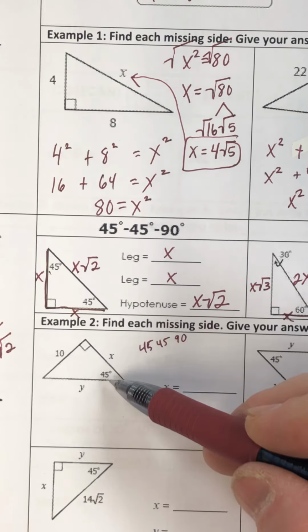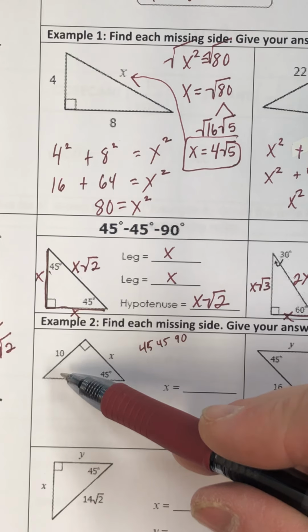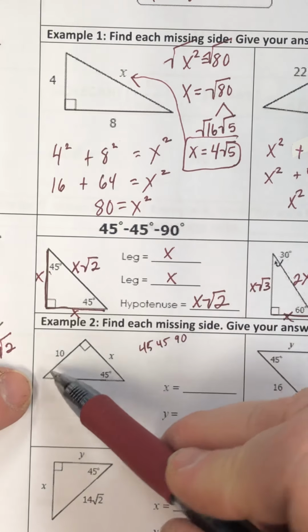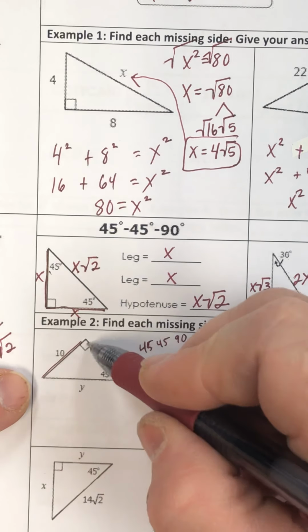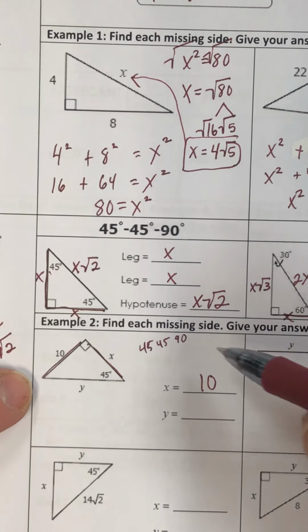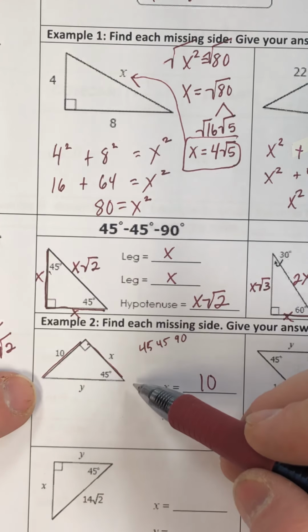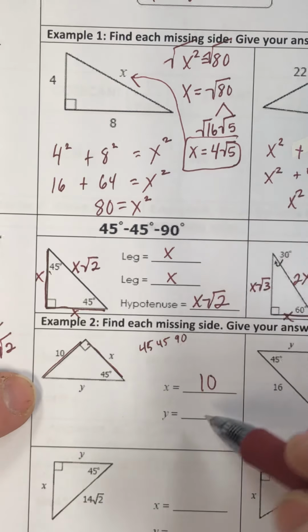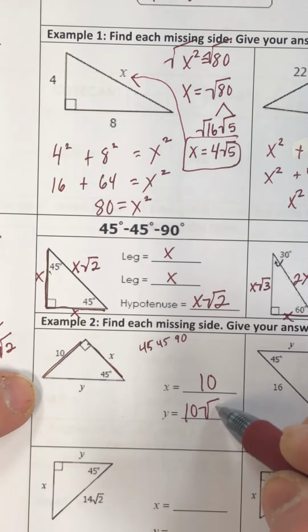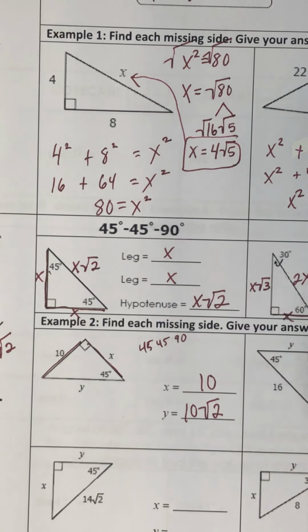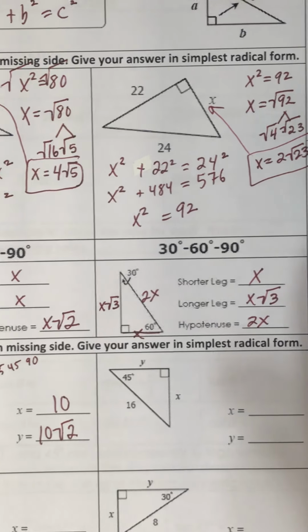Because if that's 45, this one has to be 45, because all three have to add together to be 180. So that tells me that these two sides are the same. So x is 10. And then we know that the hypotenuse is the square root of 2 times that side. So this would be 10 square root 2. You just write it like that. That's all there is there.